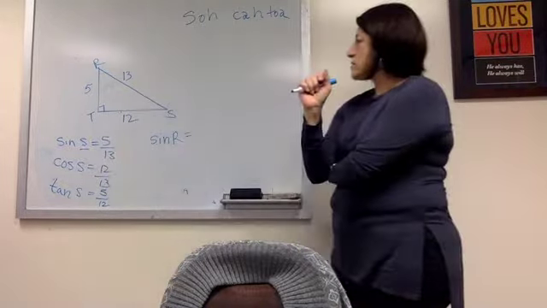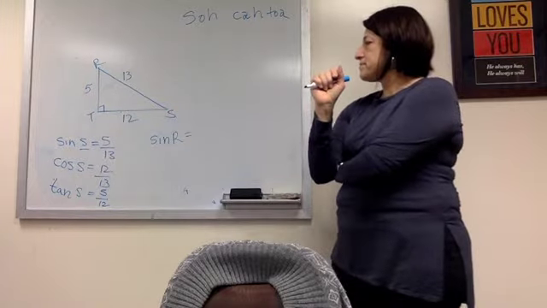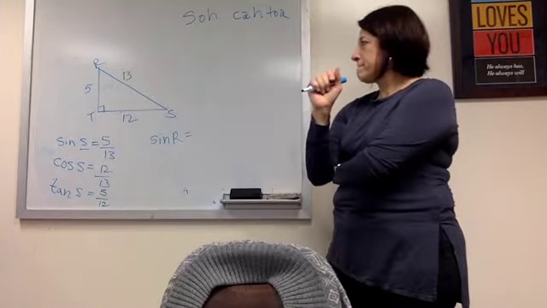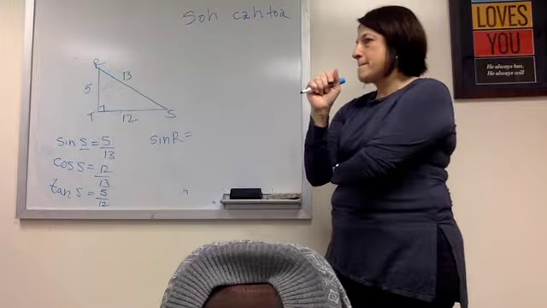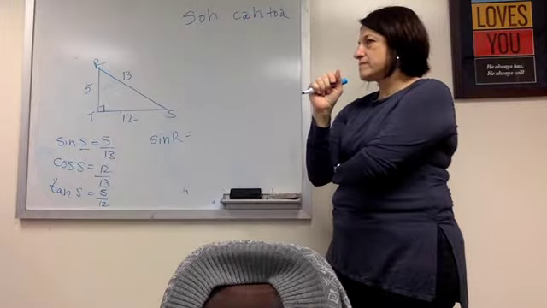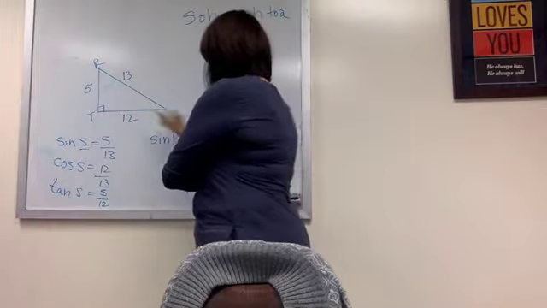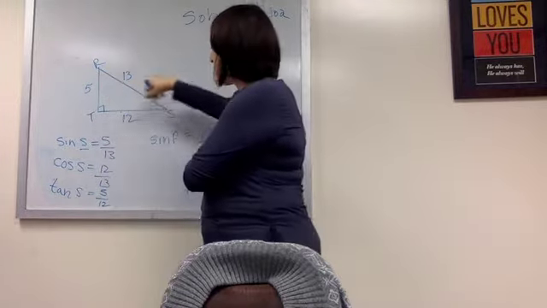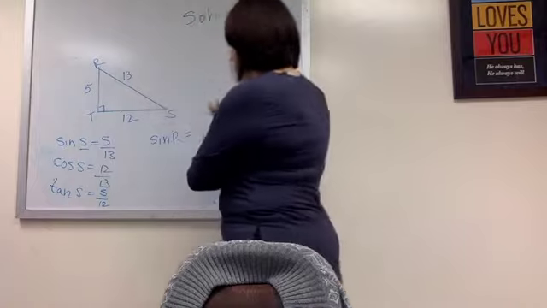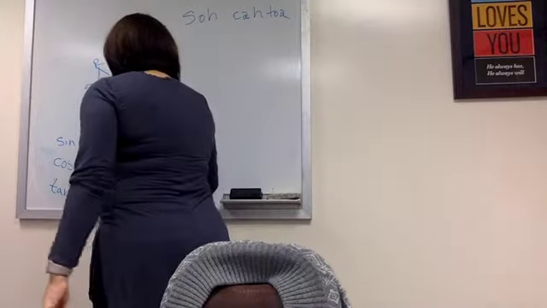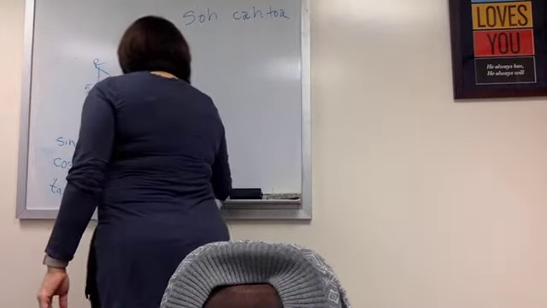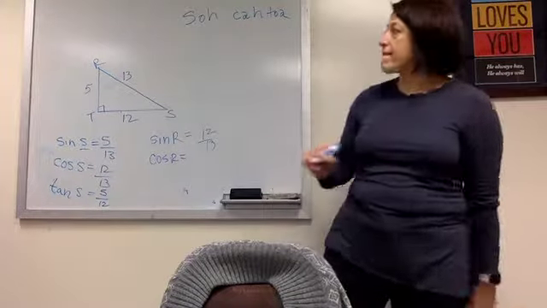All right. So Peyton, what's my sine of angle R? 12/13, right, because it's the length of the opposite side over the hypotenuse. All right, so Esther, what's the cosine of angle R? 5/13.